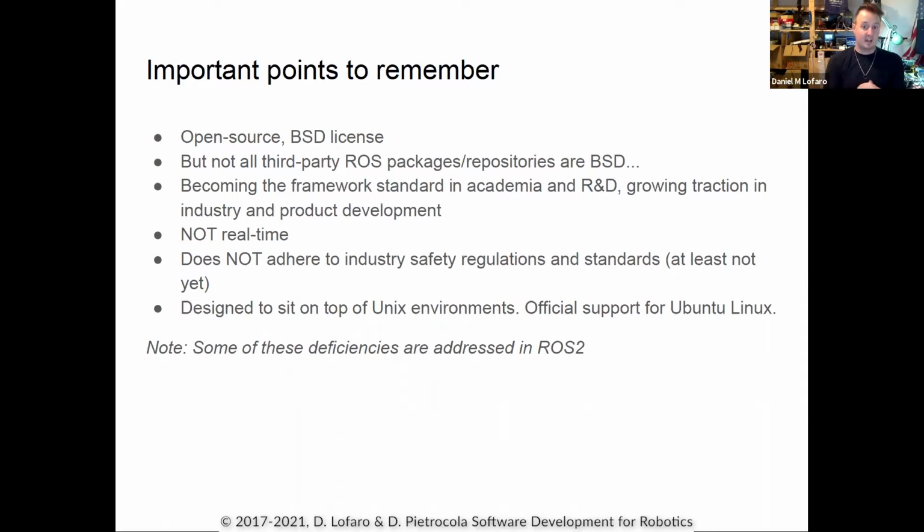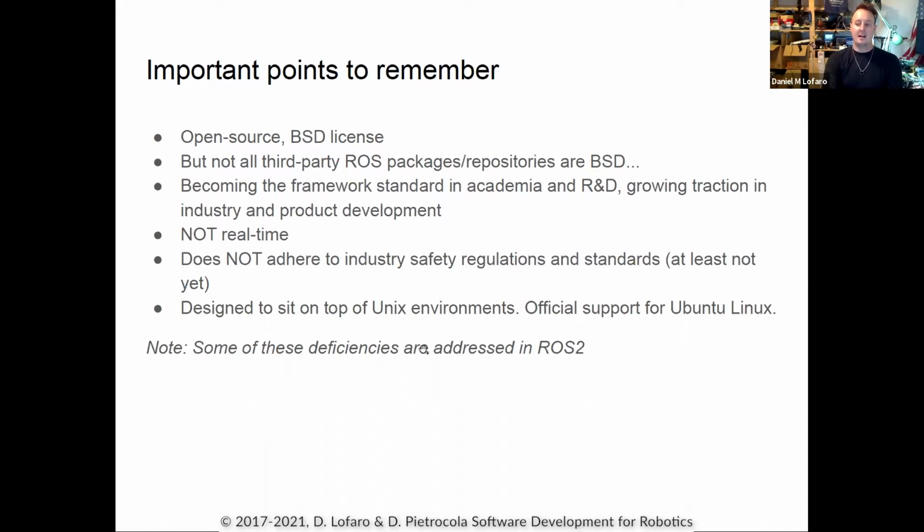Okay. So ROS is not real time because there's no timing guarantees. Now you can make it real time if you can start guaranteeing certain things, but it is not inherently real time. It does not adhere to industrial safety regulation standards. ROS-I, ROS Industrial, helps with that, but as is, it does not.